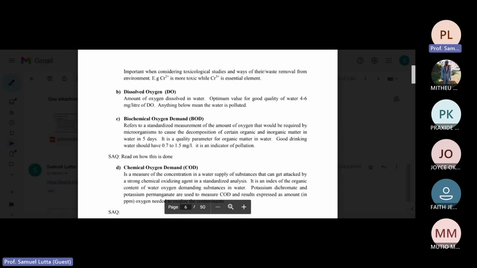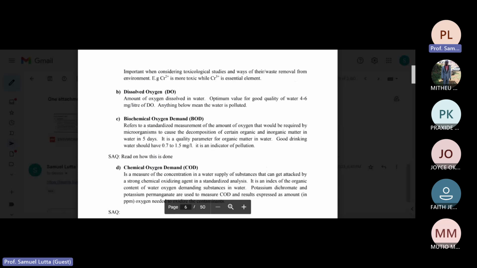And then there are parameters that we use to check whether water is clean or not. So we talk about physical-chemical parameters of water. They'll tell us whether that water is clean or not. Now, one of the ways of measuring the cleanness of the water, you can measure what we call dissolved oxygen, how much oxygen has dissolved in the water. And this is important.